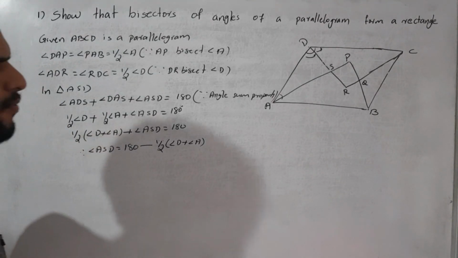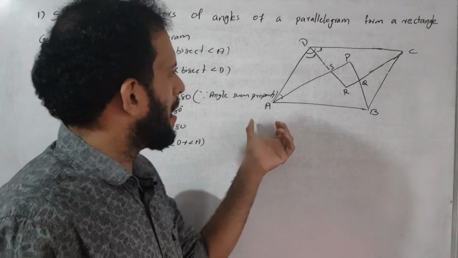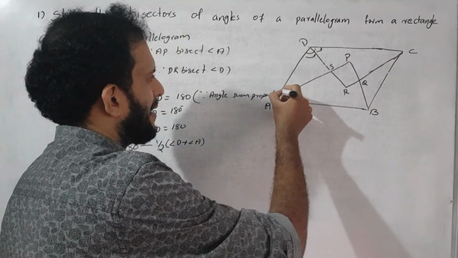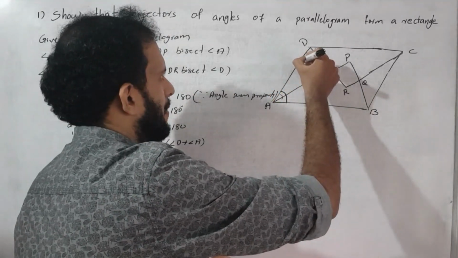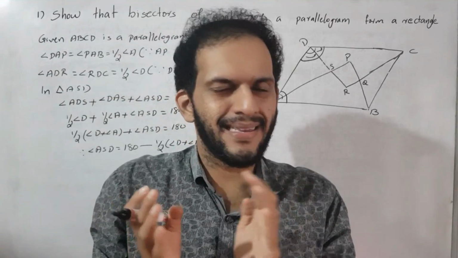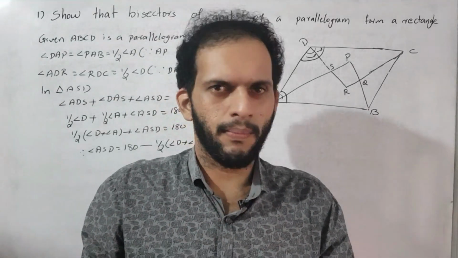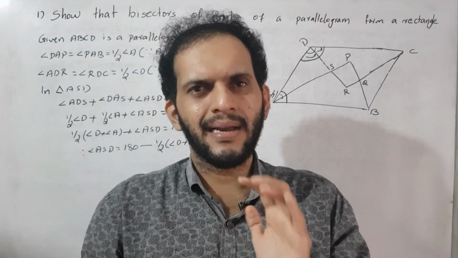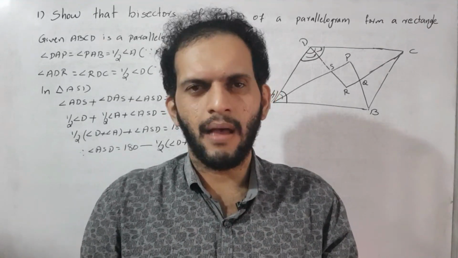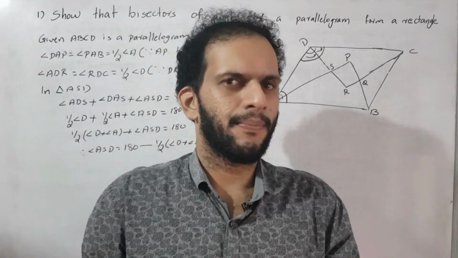Then here we think about the parallelogram. ABCD is a parallelogram. Angle A and angle D are adjacent angles in the case of a parallelogram. What is their sum? Their sum is equal to 180 degrees, since adjacent angles of a parallelogram are supplementary.